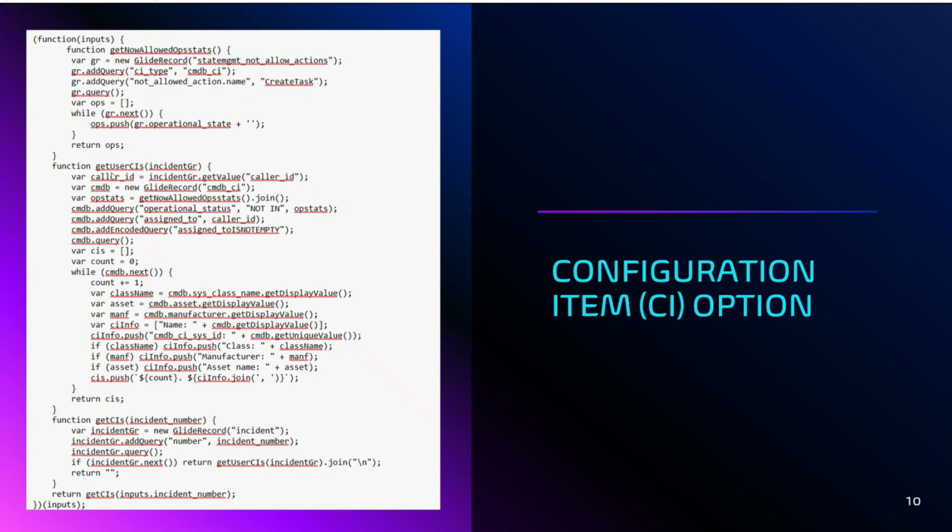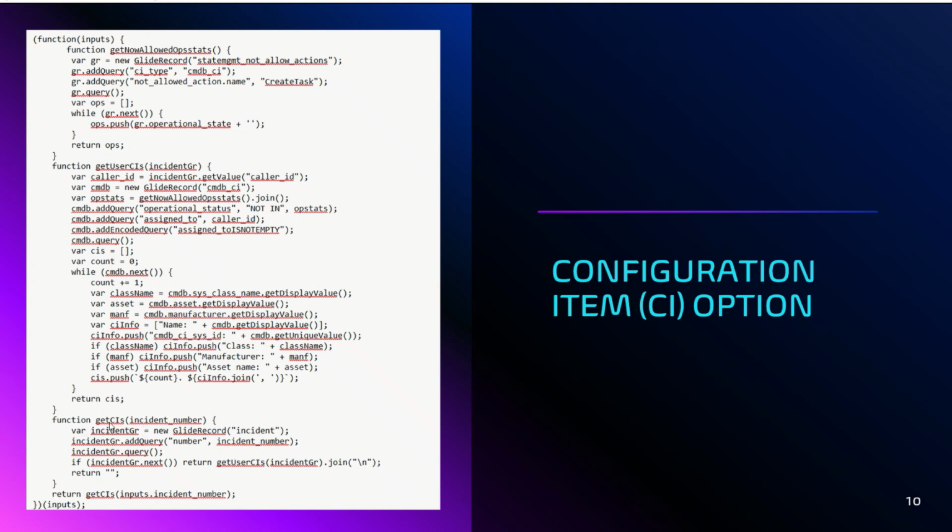Then we have the function get user CI, and how the assigned-to user or caller relates to CIs. We return that CI information as well. The last function is get CI's incident number, and basically we start from this function.